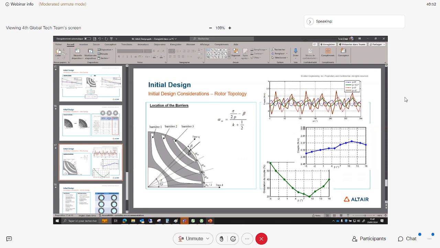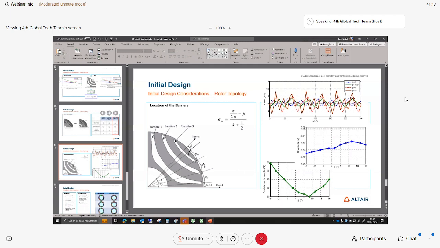Okay, so then there is also an impact of the location of the barriers. So here I have 3 barriers, but if we put them in equidistance, or we make a non-symmetrical one, yeah, it will have an impact, actually.